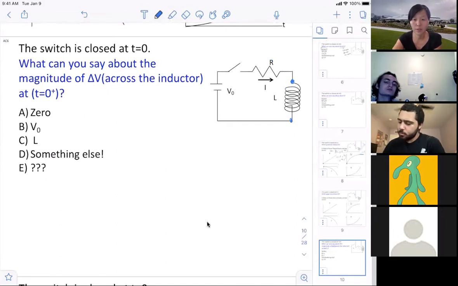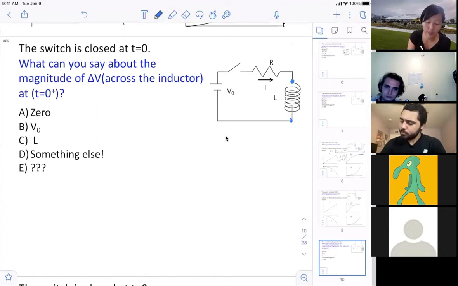I will let you go ahead and vote on this. So this is at the beginning, not after a long time. The previous question was about after a long time. This is at the beginning.